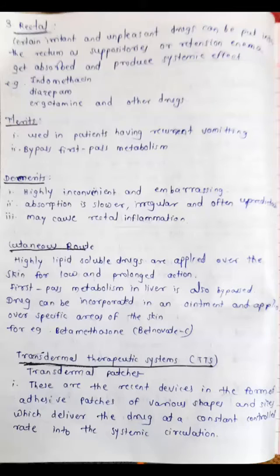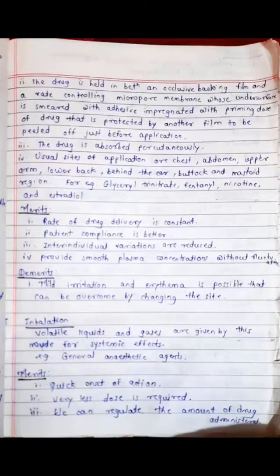The drug is held in between an occlusive backing film and a rate controlling micropore membrane whose undersurface is smeared with adhesive impregnated with a priming dose of the drug that is protected by another film to be peeled off just before application.